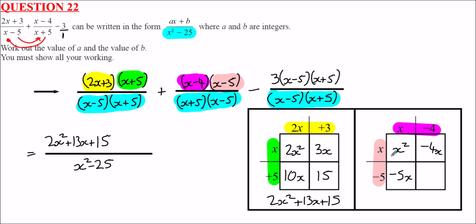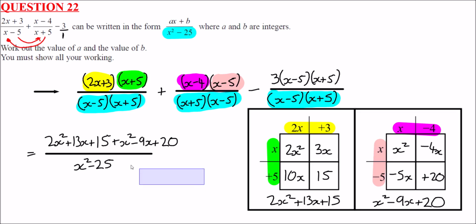And minus 4 multiplied by minus 5 gives positive 20. So simplifying all of this, we have x squared minus 4x minus another 5x is minus 9x in total, plus 20. So we have x squared minus 9x plus 20.